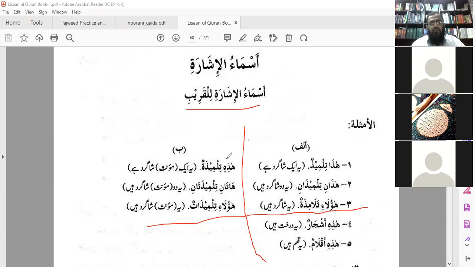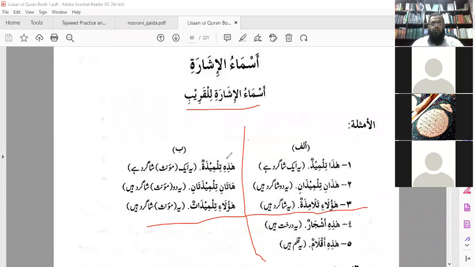Now the second type that you have to learn: there is another classification of noun, that is mu'arab and mabni. Mu'arab means the noun whose ending keeps changing in all conditions, like Zaidun, Zaidan, Zaidin.